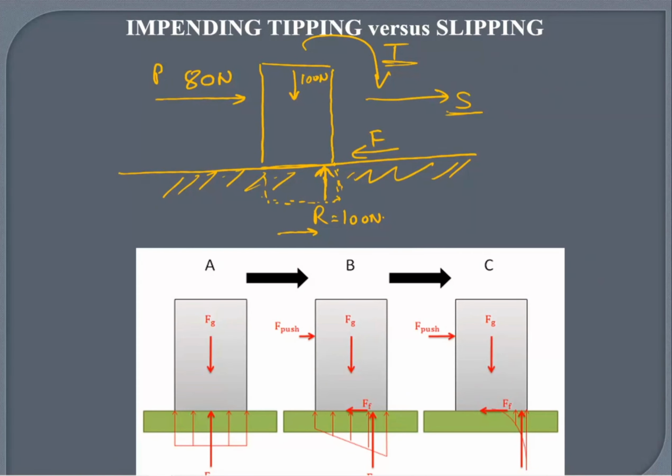So it slides, so it means my friction force, my current friction force is less than, this is the maximum friction force we can achieve with μs. Am I right?